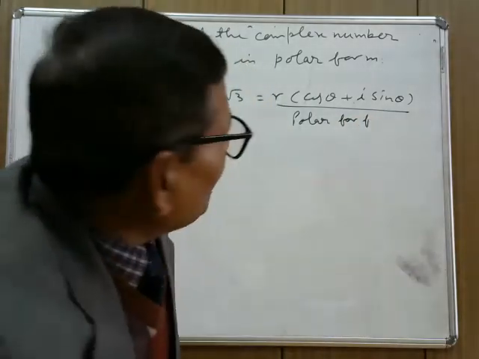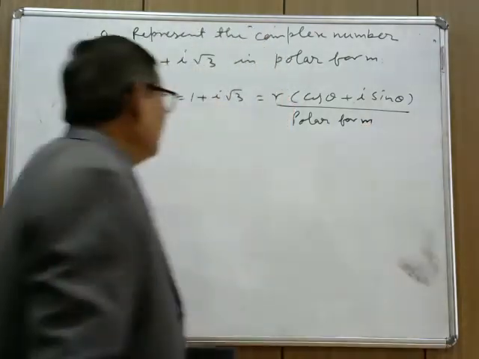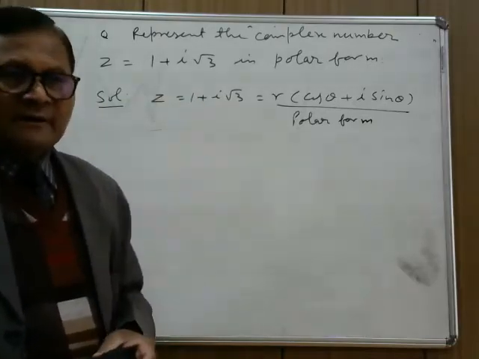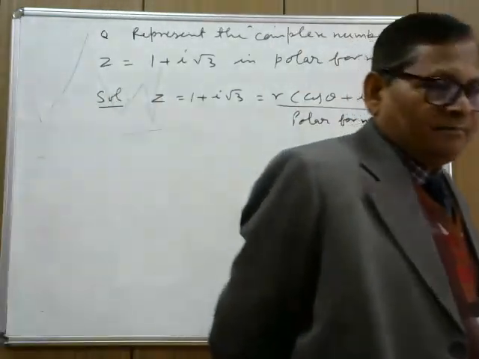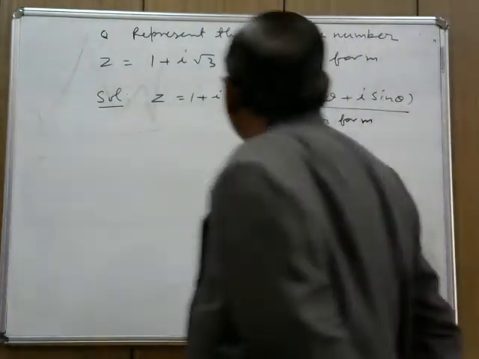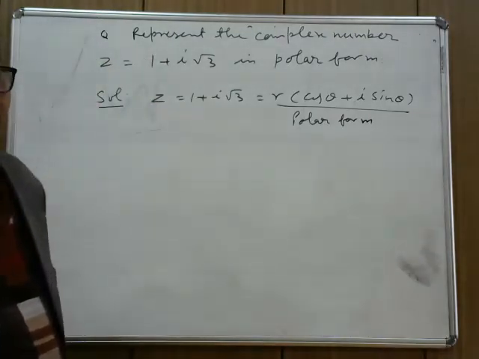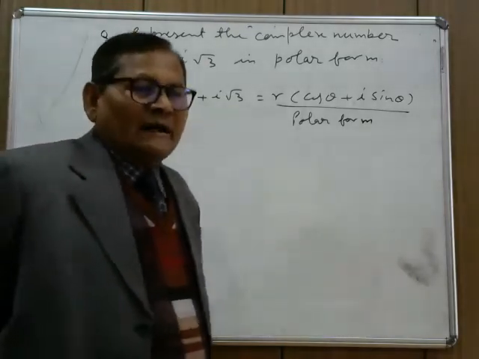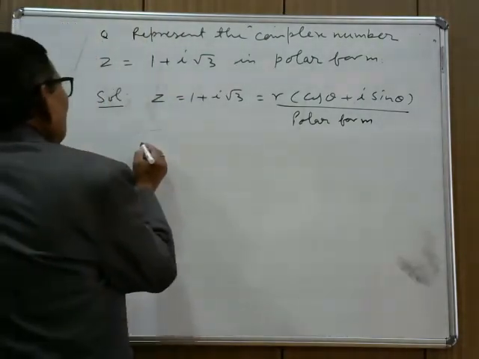Now, before doing anything, you first decide in which quadrant your given complex number lies, because on the basis of that we take the principal solution for theta. In 1 plus i root 3, x and y are both positive. So when the x and y components of the ordered pair are positive, that point lies in the first quadrant. So this complex number lies in the first quadrant.